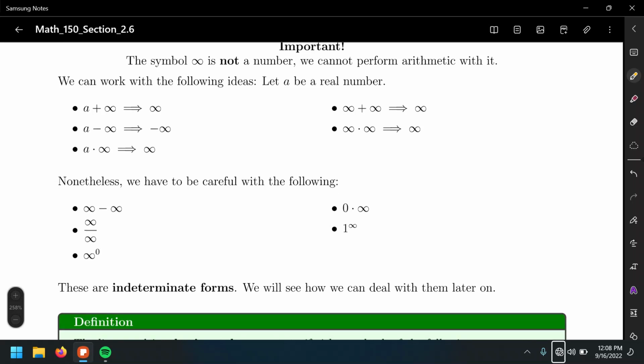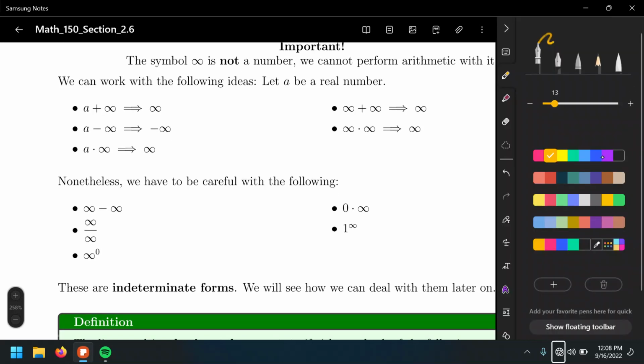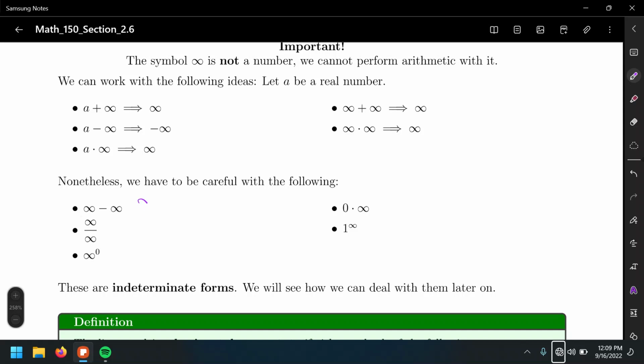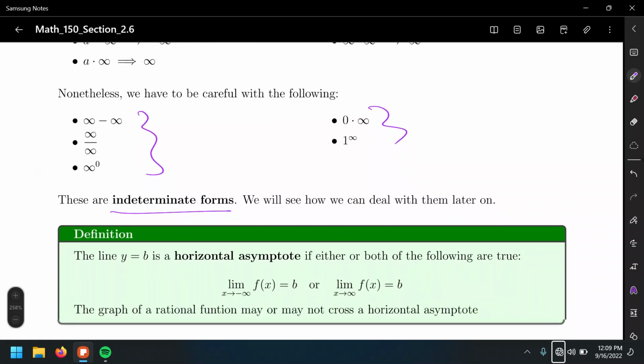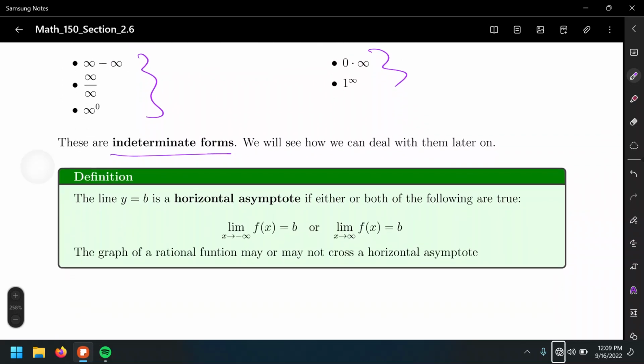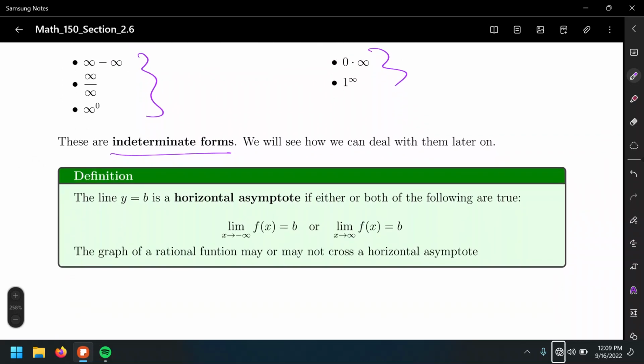So all these weird statements right here are called indeterminate forms, and this is something that we will deal with later when we get to limits. I believe it's chapter 4 or chapter 3, using L'Hopital's rule, but that's coming later. All right, well, this is the connection between the precalculus and the calculus.